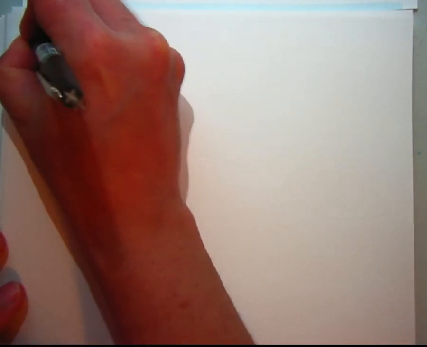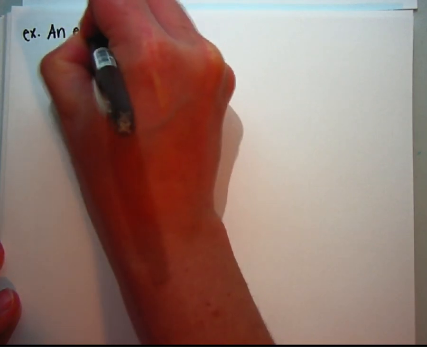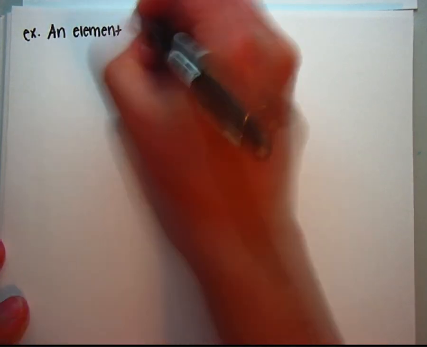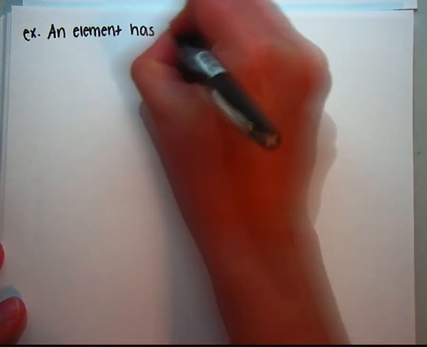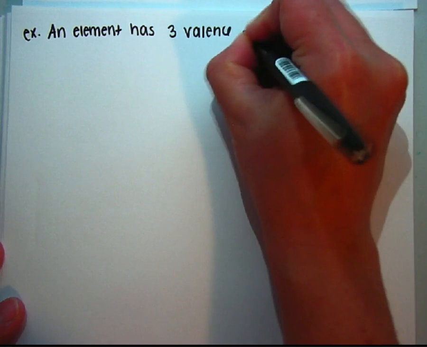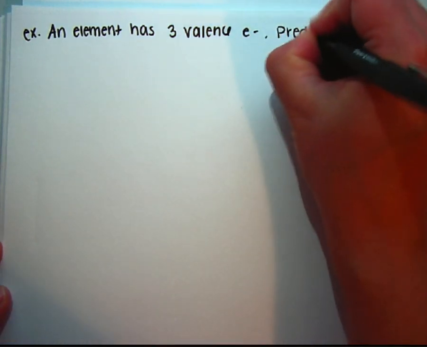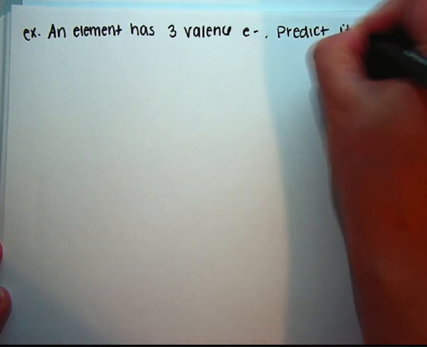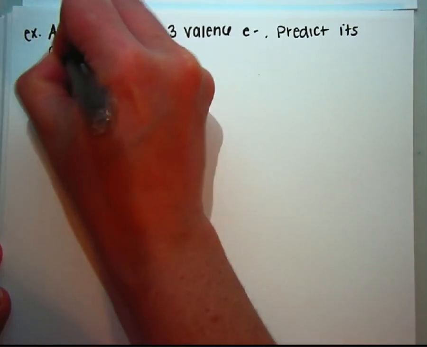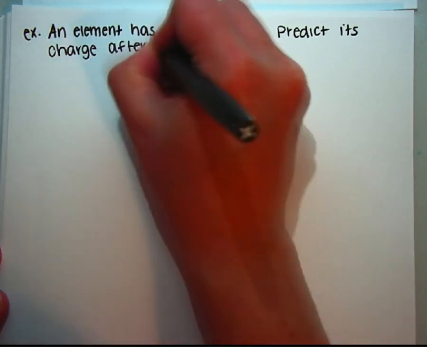All right, for the rest of this lesson, we are just going to do some example problems. First one. An element has 3 valence electrons. Predict its charge after ionization.